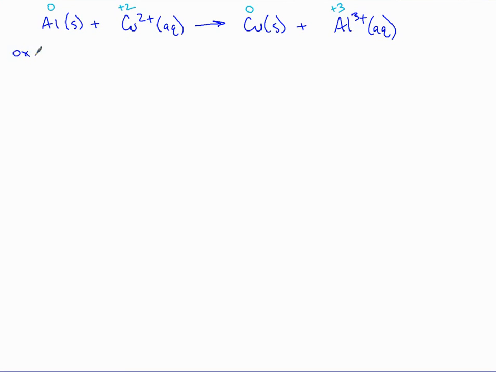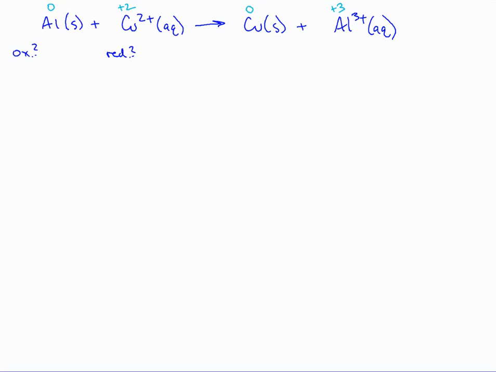Identify which element is oxidized, which element is reduced. Remember, losing electrons is oxidation. Which one of these is losing electrons? Here's what it looks like. Losing electrons would make our charge more positive.